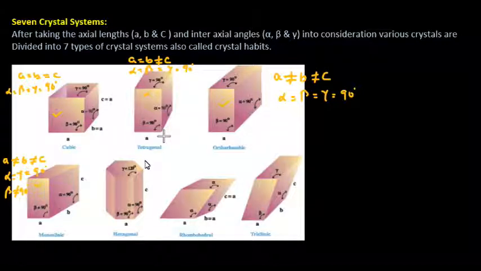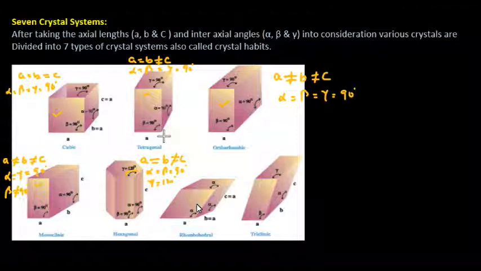So two sides are equal, we can write A is equal to B and not equal to C. And in terms of angles, alpha and beta are equal to 90 degrees and gamma is equal to 120 degrees. This angle is 120 degrees.